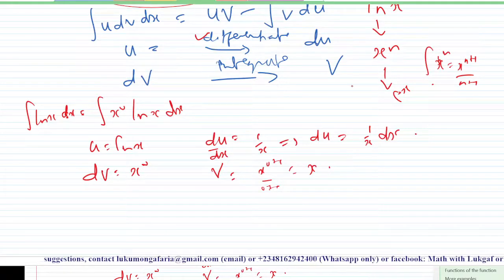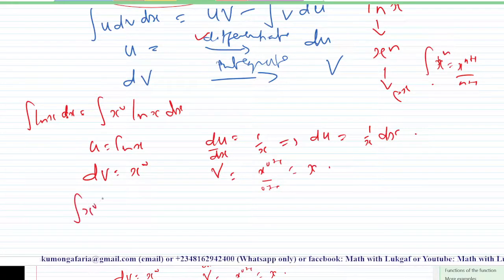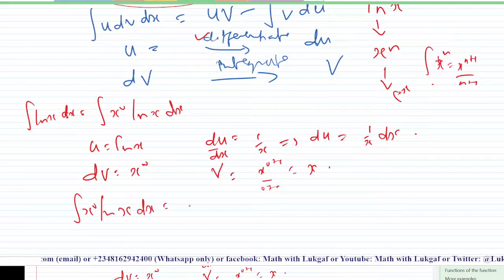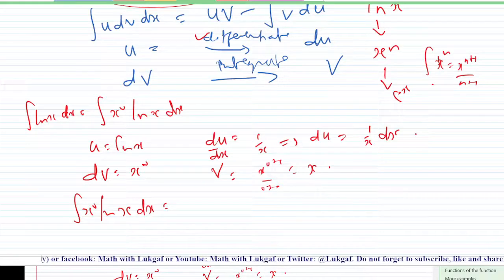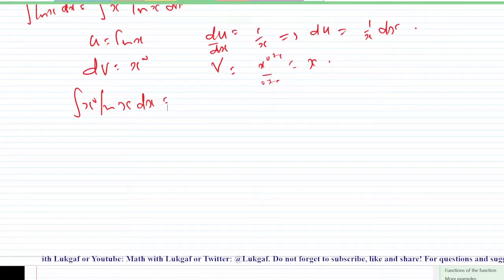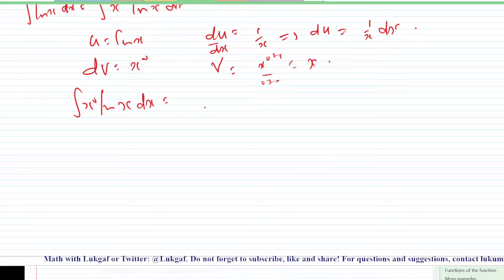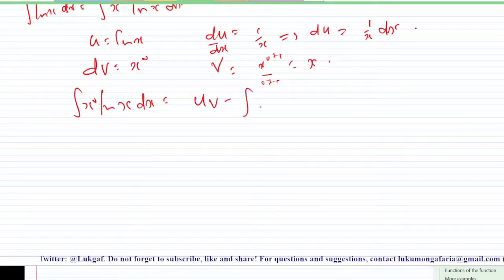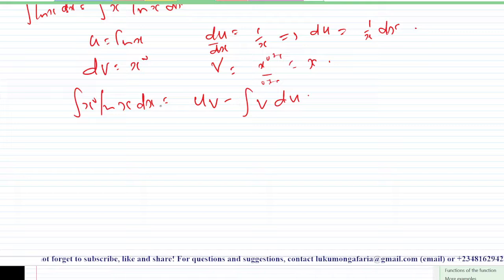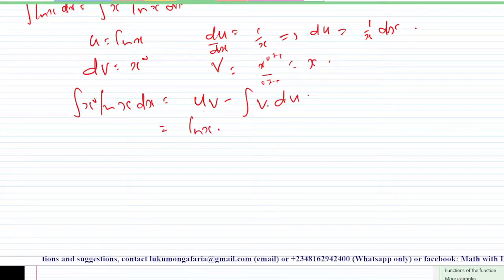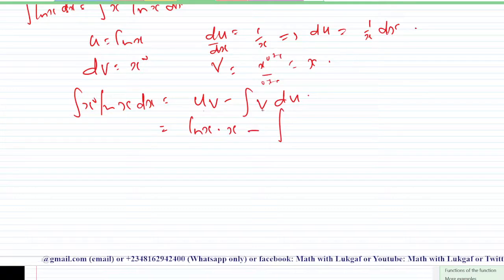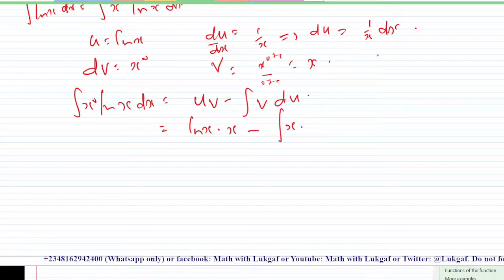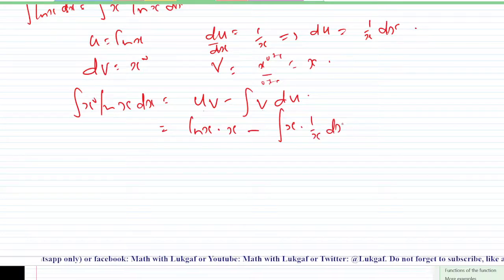Immediately you are done with this, you substitute into your formula. Remember I said that immediately you take one function as u and the other as dv, you are going to have uv minus the integral of v du. So don't forget, our u here is ln x, my v is equal to x, minus the integral of v, which is x, times du, which is 1 over x dx.